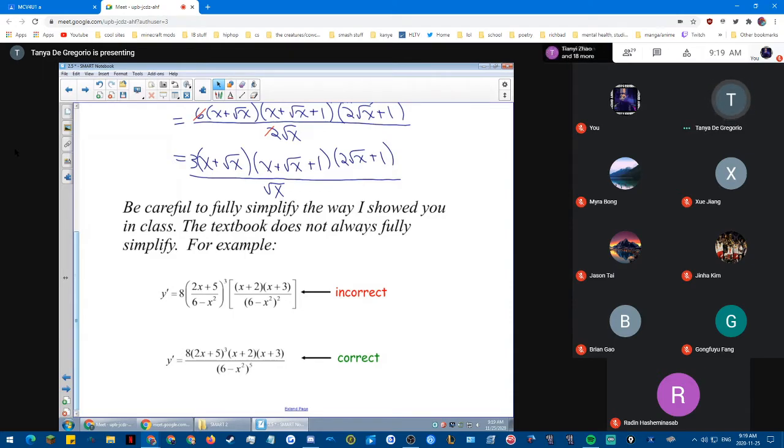Again, you have to think of why you're doing things. The reason I'm showing you these derivatives is that eventually we're going to get to curve sketching, in chapter 5, or maybe chapter 4, I can't remember. That's where you're going to actually put this into practice, and you're going to see it's not really necessary to rationalize these numbers.